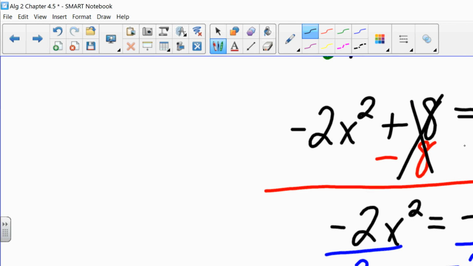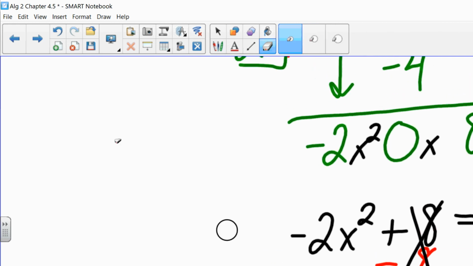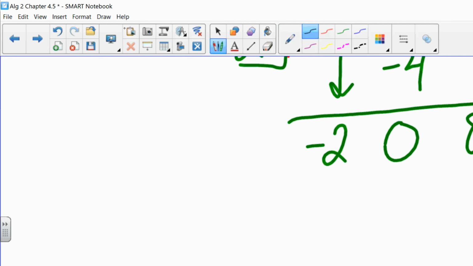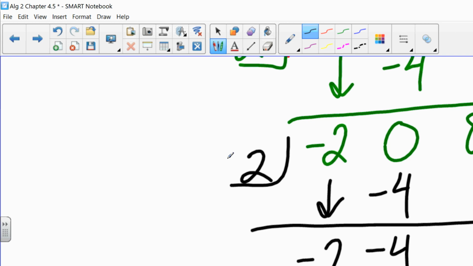So really, if we wanted to, and I was seeing if anybody would see that, I'll erase this here. Because we do know that it works. Is that okay? I saw that it did cross, or didn't really cross. We could try 2 again. 2 times negative 2 is negative 4. 0 plus negative 4 is negative 4. 2 times negative 4 is.